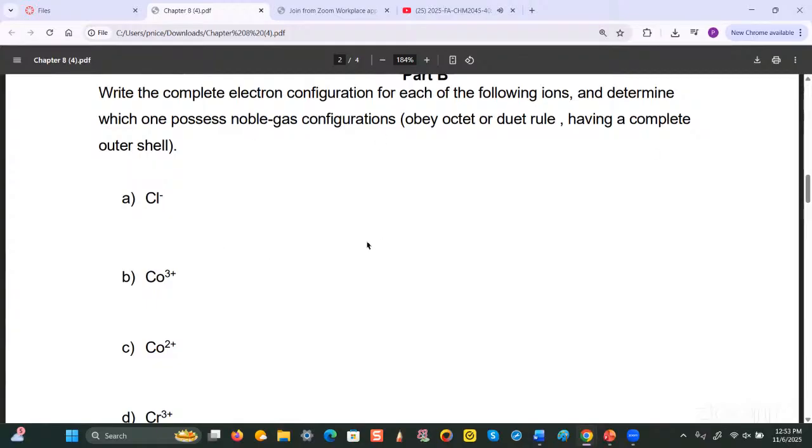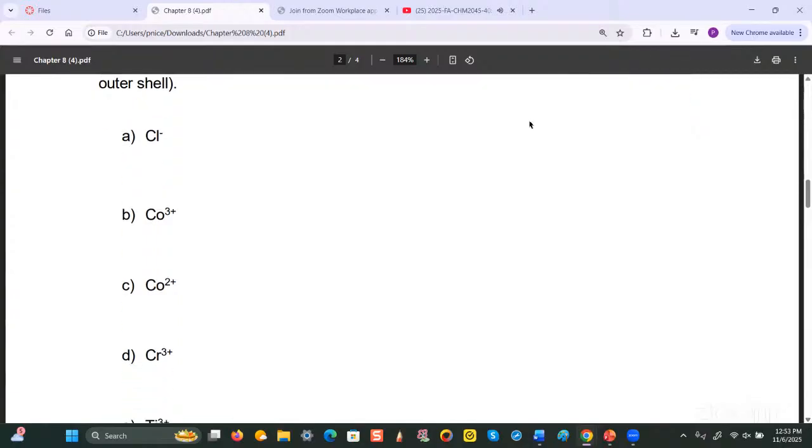All right, so let's start off with the first one, the chloride ion. Let me hear what you have to say about that. What's the first thing you would do? Start writing the electron configuration. Okay, so let's start out with chlorine first. What's the atomic number of chlorine? The atomic number of chlorine is 17, right?